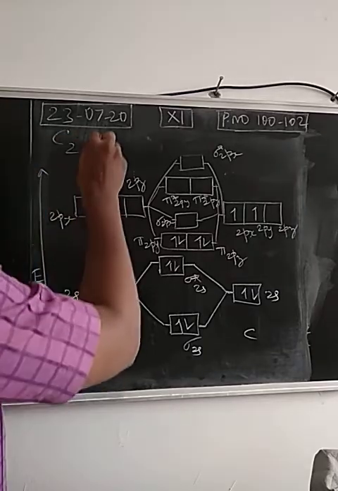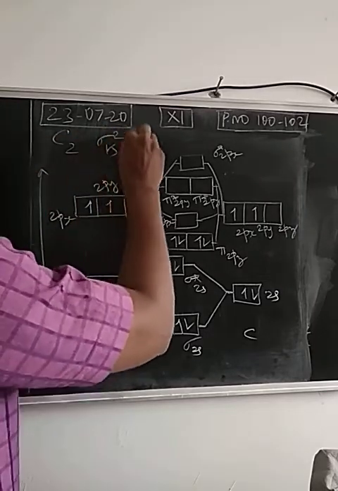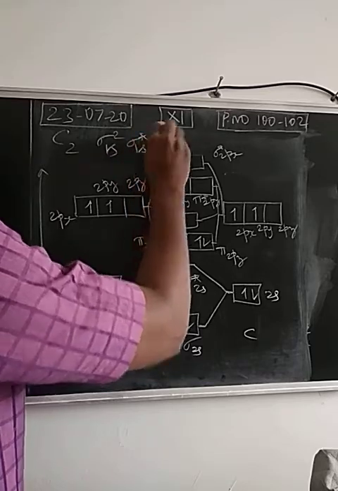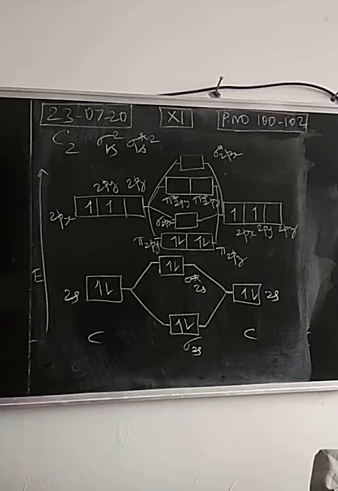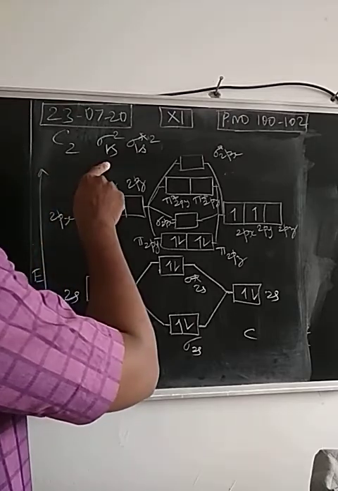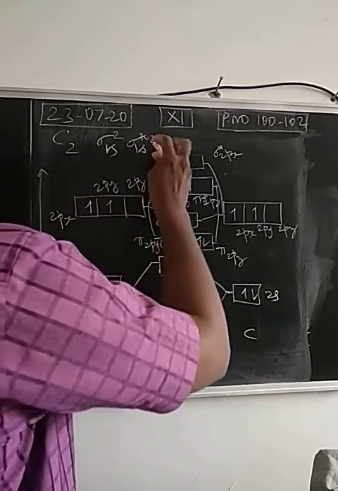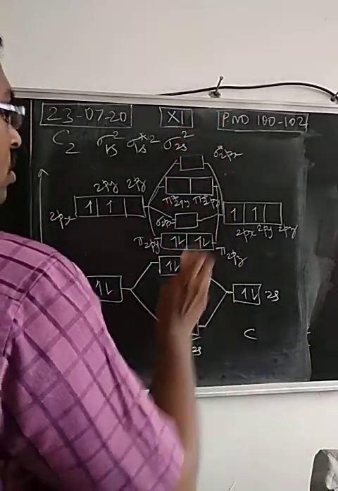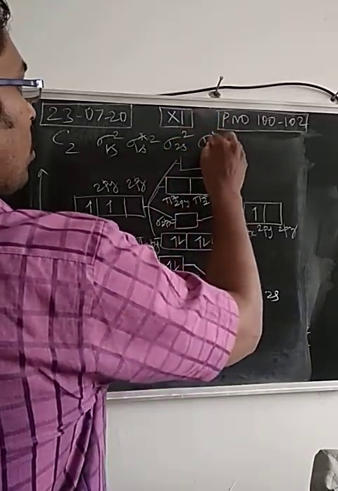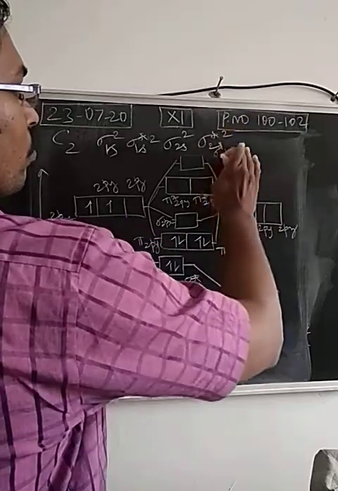For the molecule C2, electronic configuration: sigma 1s2, sigma star 1s2. If we are not mentioning this in the diagram, bond order will not be changed, so we have omitted it in the diagram part. While writing the electronic configuration, you may include sigma 1s2, sigma star 1s2. Next, sigma 2s2, sigma star 2s2.